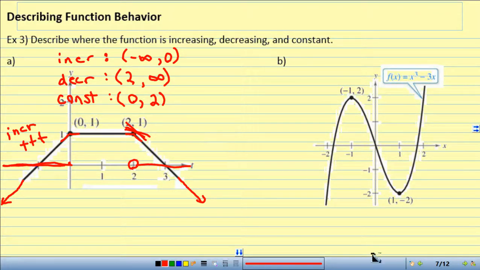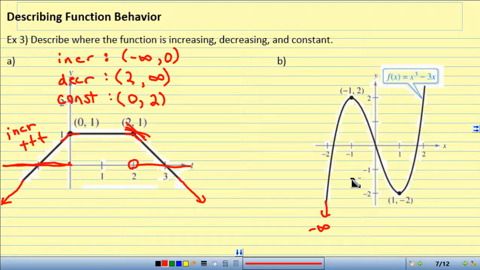Now, let's look at this one. I've got this graph here. Now, I know it's increasing here because if I draw tangent lines, the slopes are positive. So it's increasing. Now, here's the thing. It's increasing from negative infinity in the x direction.